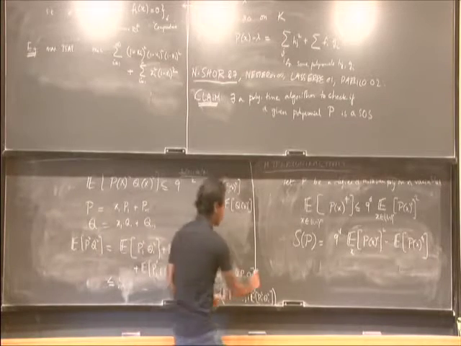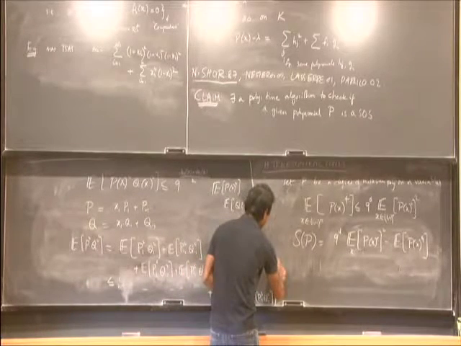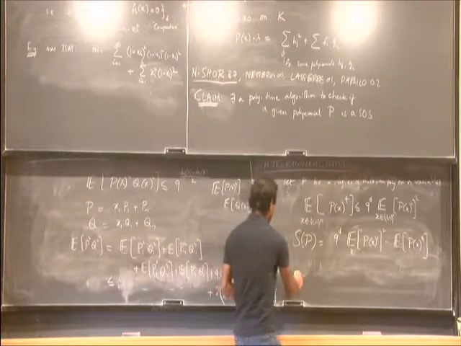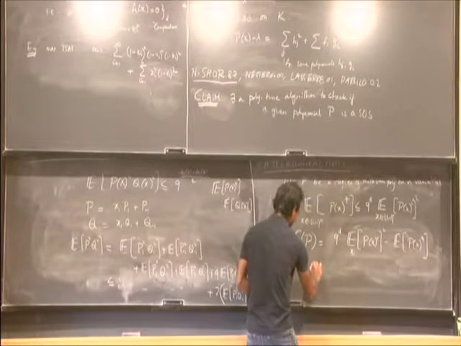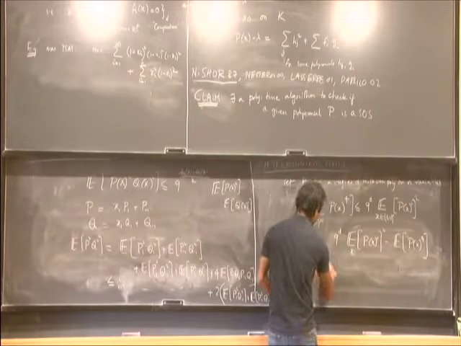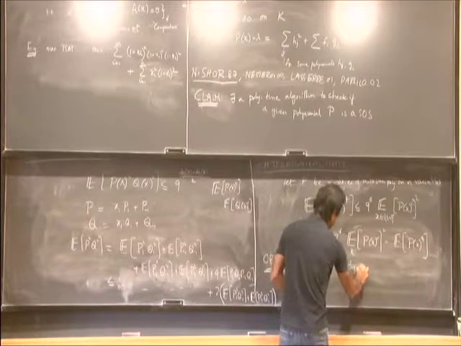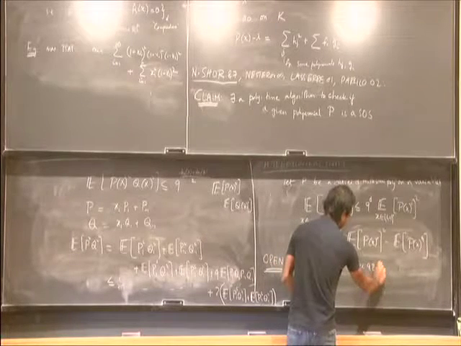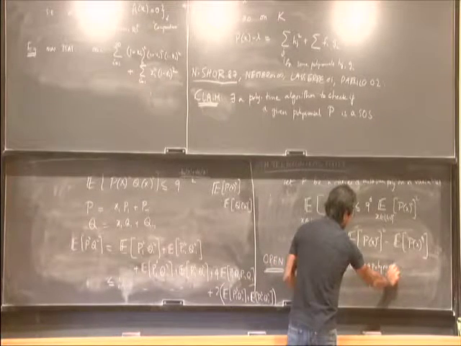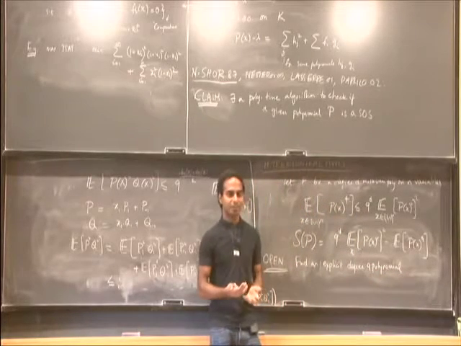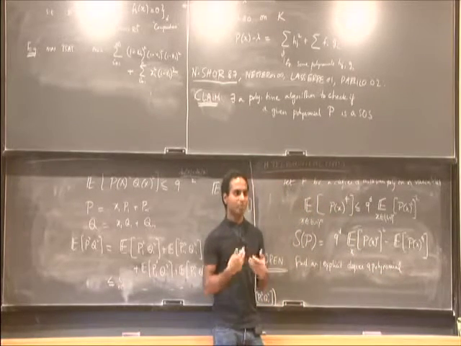And let me finish with one open problem, which is: find an explicit degree 4 polynomial so that SOS doesn't give a good approximation.